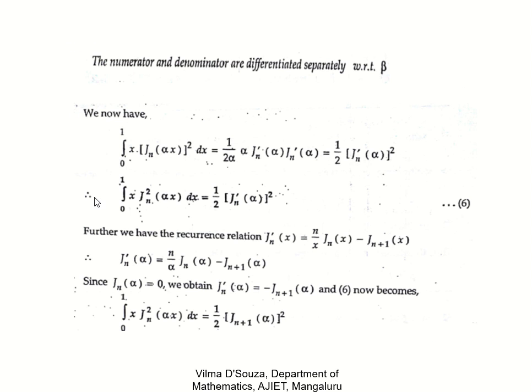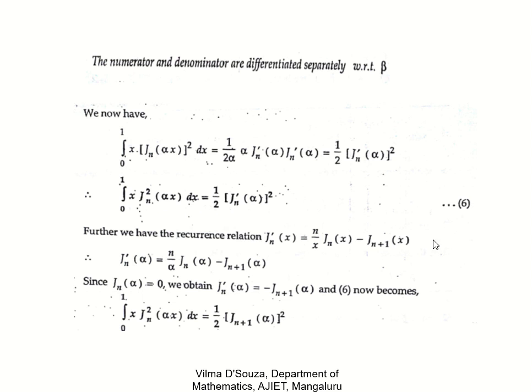Alpha gets cancelled. Therefore, integral 0 to 1 x into Jn square of alpha x dx is equal to half into Jn dash of alpha whole square.